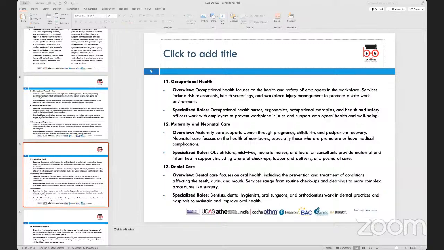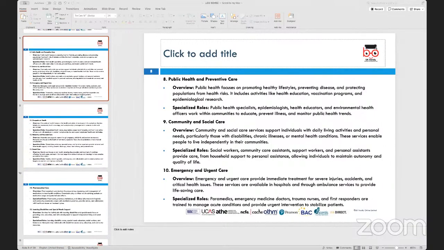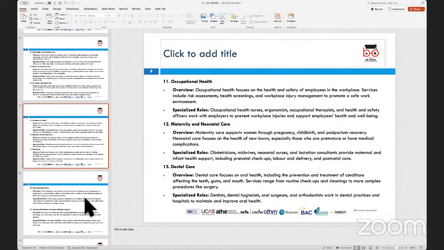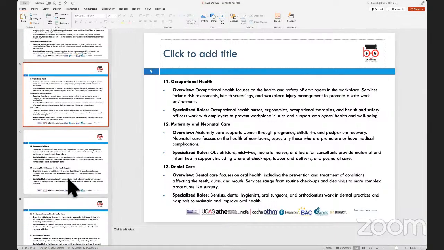Now, we all have been to the dentist, and obviously dental care is one important part of maintaining our dental hygiene. And people who provide this particular care would be termed dentists, dental nurses, orthodontists, and surgeons who perform some sort of surgery on your teeth, and they would all be providing dental care services.